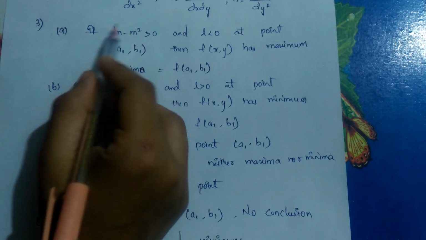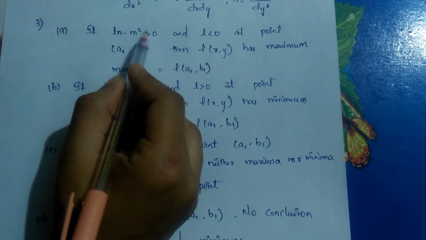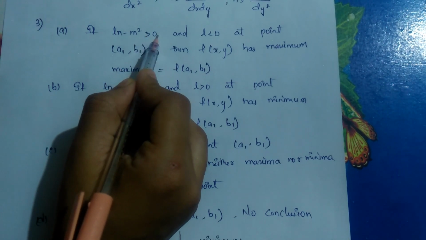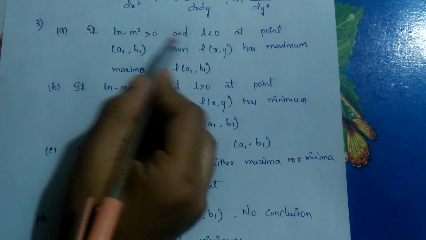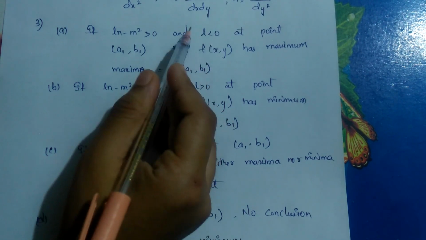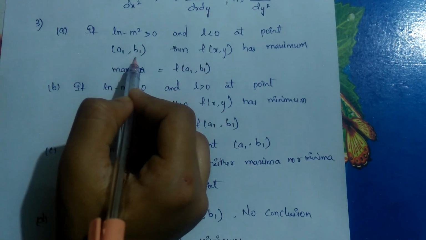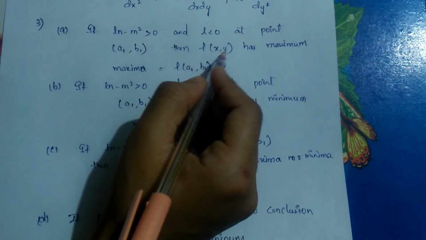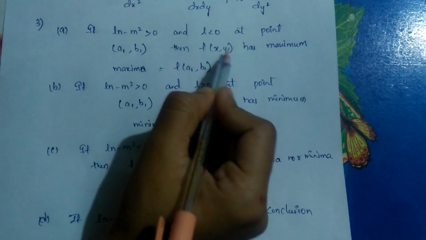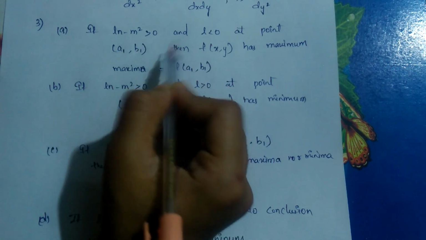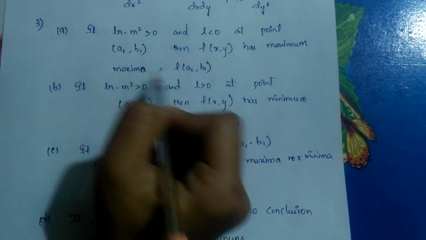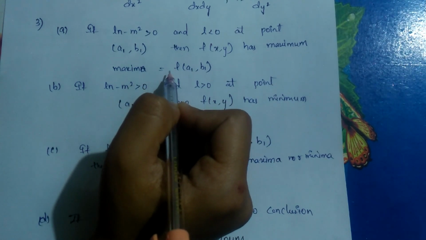So at first we find this LN minus M square, and we check whether it is greater than 0 or not. If it is greater than 0 and L is less than 0 at the given point a1 comma b1, then the function has the maximum. It means we substitute the given point in the function, and when we solve that, we get the maximum value.